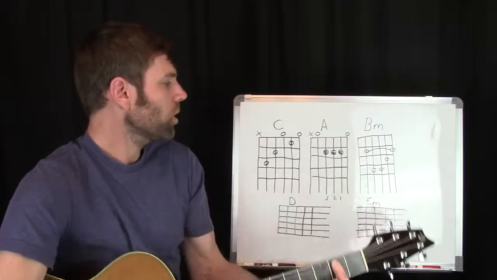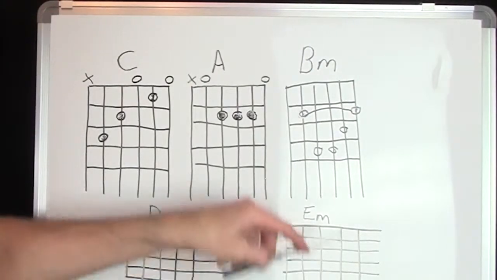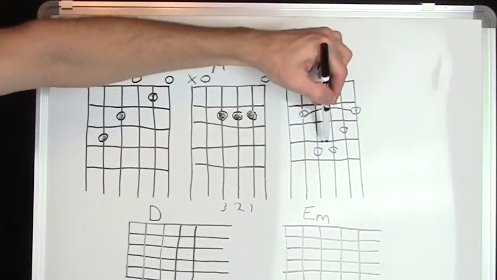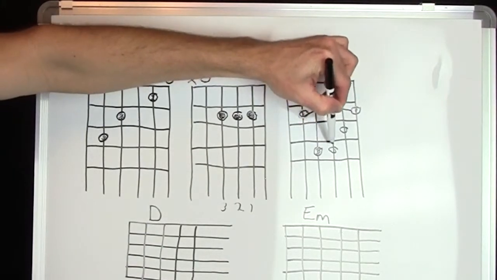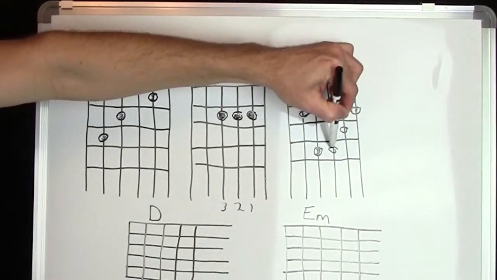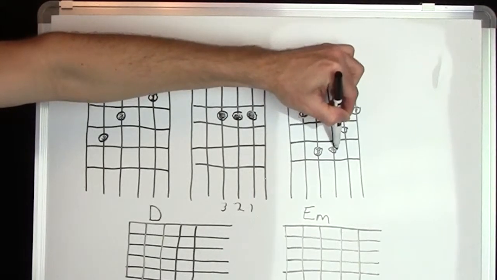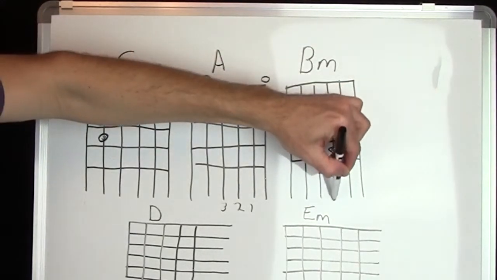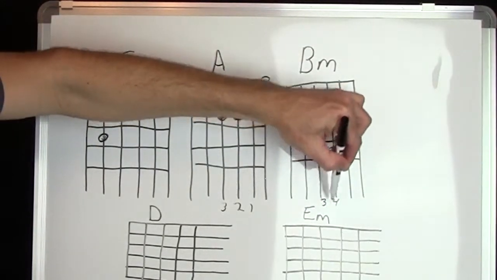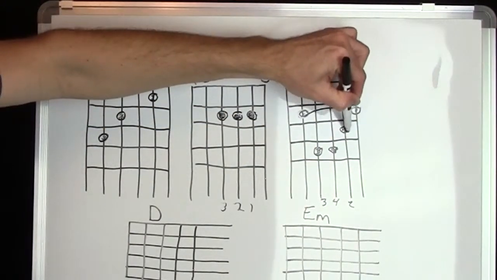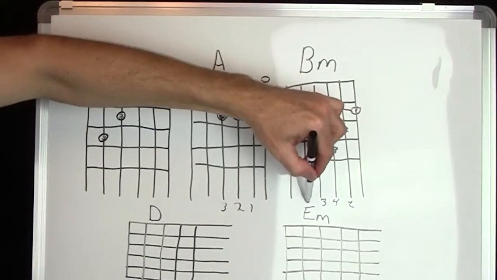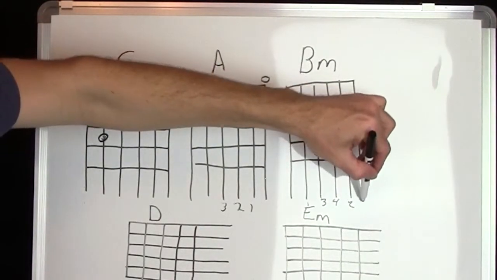Then to finish off this B minor chord, we would put a 3 in the middle of this dot, a 4 on this dot, and a 2 here. So 1, 3, 4, 2, 1.